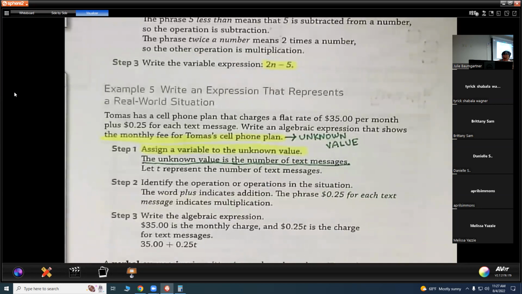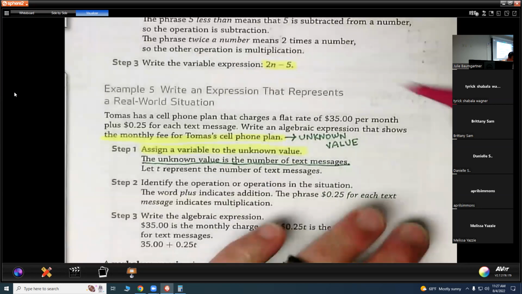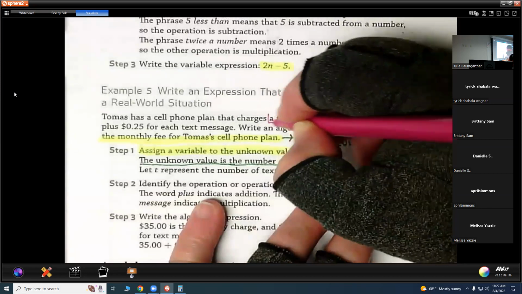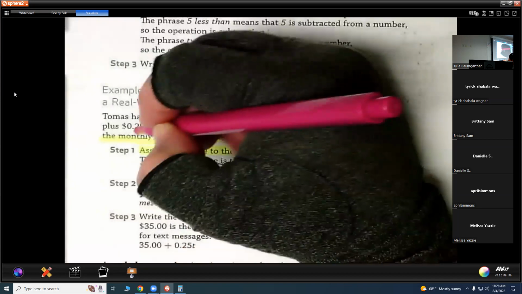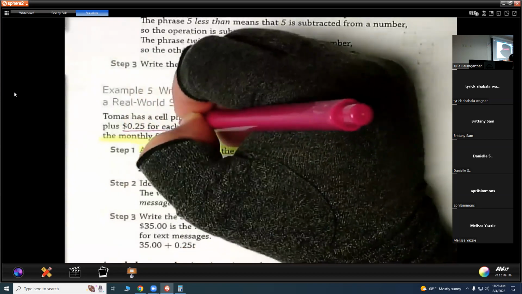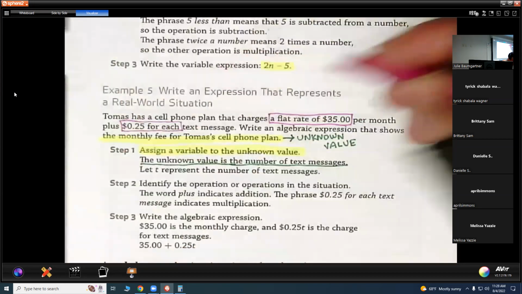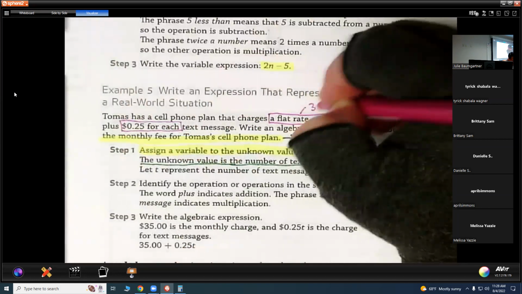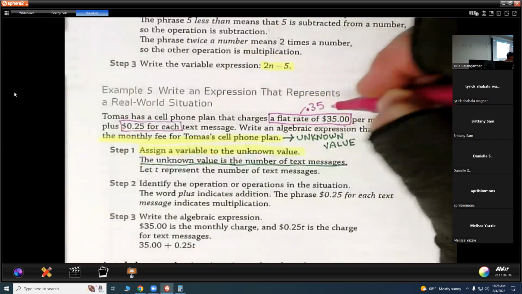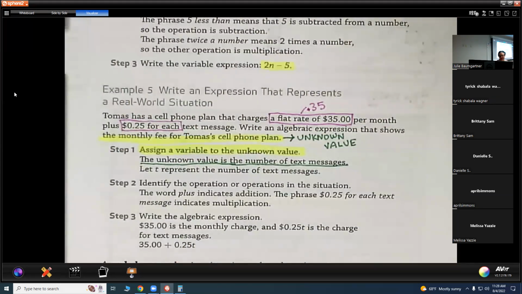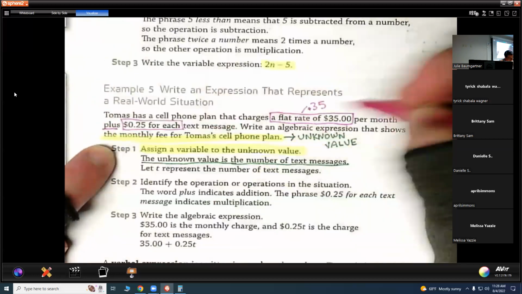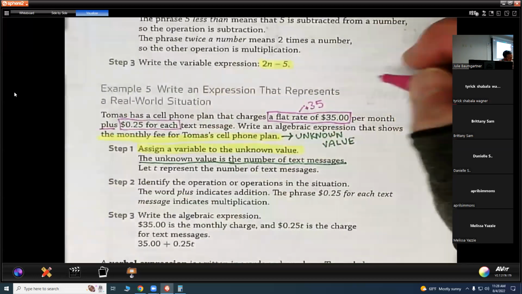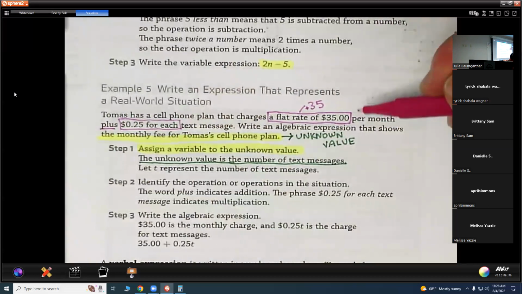Identify the operation or operations in the situation. So here, we know we just have a flat rate, so that's plus $35. You're always paying at least $35 a month. And then plus 25 cents for each text message.